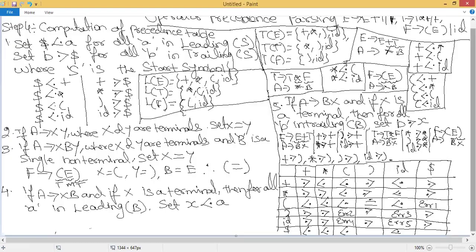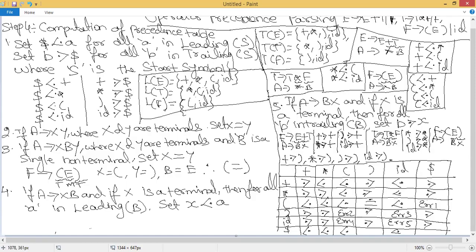After that, there will be some unfilled cells. Those cells will be mentioned as error. You see here, we haven't identified the relationship for open parenthesis and dollar. You can check it in this computation.